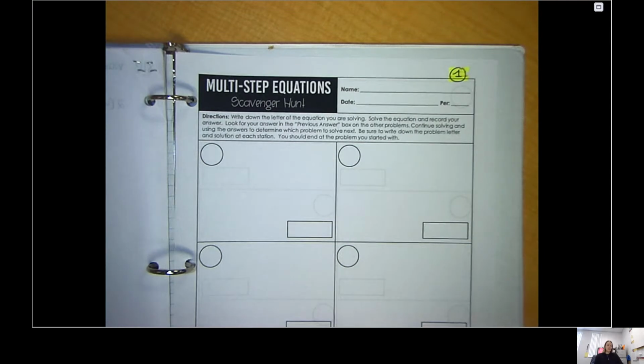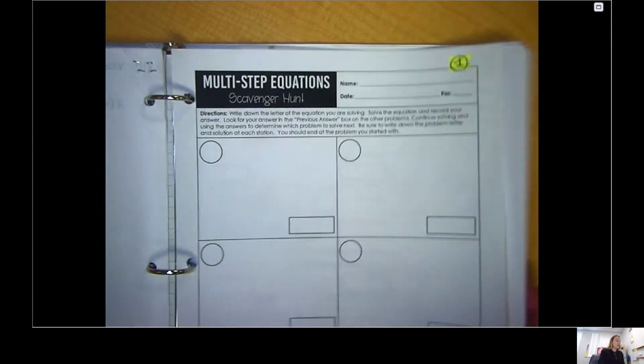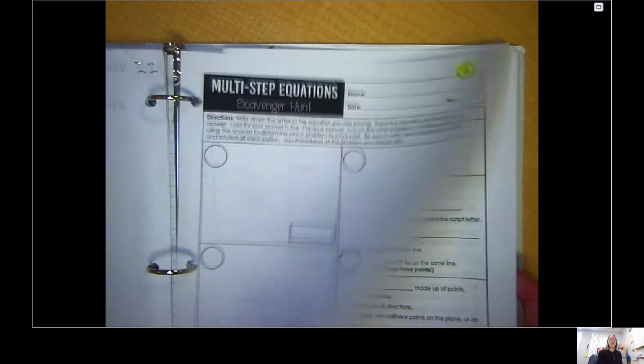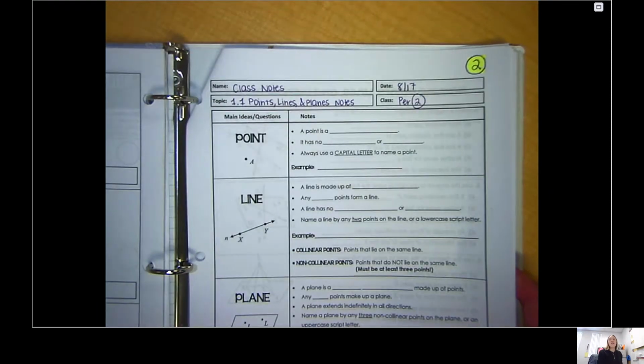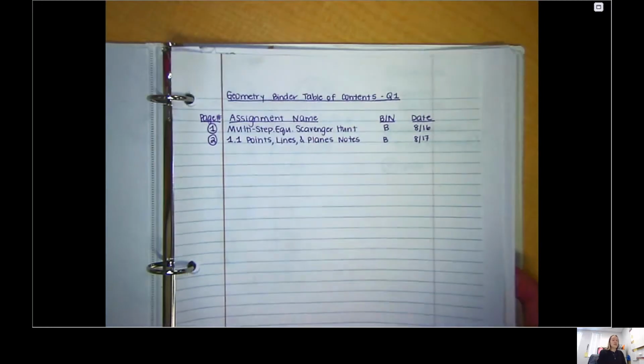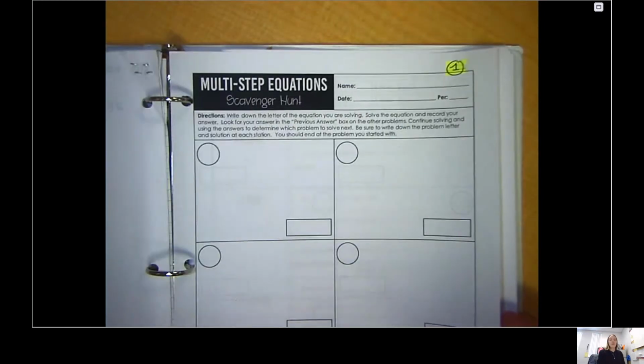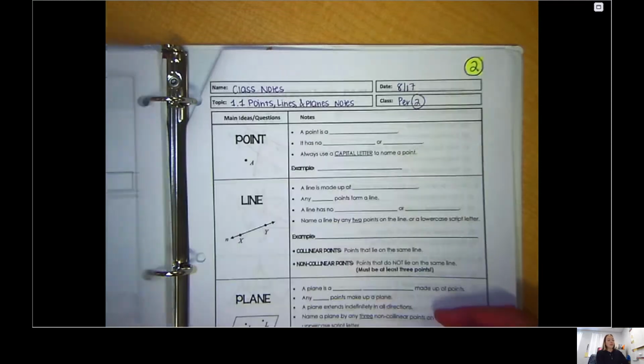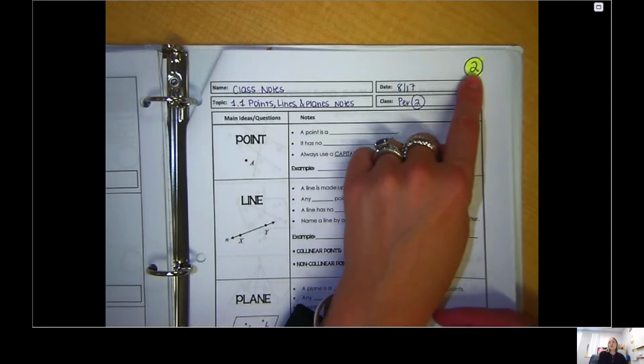I can't put it in at this second because mine's a packet, but essentially that's going to be page 1, and then the very next thing is going to be this number 2 paper that you grabbed from the back. So you've got your table of contents, you've got your multi-step equations as page 1, and then the paper that you just grabbed is your paper 2. Okay, so it should be pretty easy to put it in order because you only got 3 things right now.